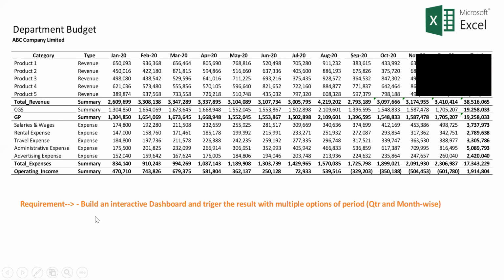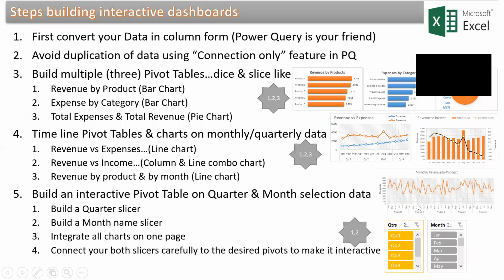Our requirement is to build an interactive dashboard and trigger the results with multiple options of period like quarter and month. Despite this being a very simple data set, we'll be using slicers on quarter and month wise. These are the steps which I'll be providing with the presentation along with the Excel file.